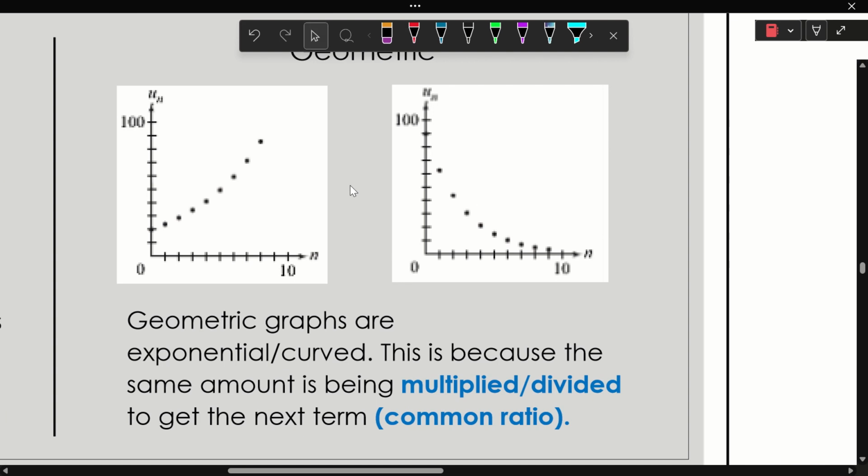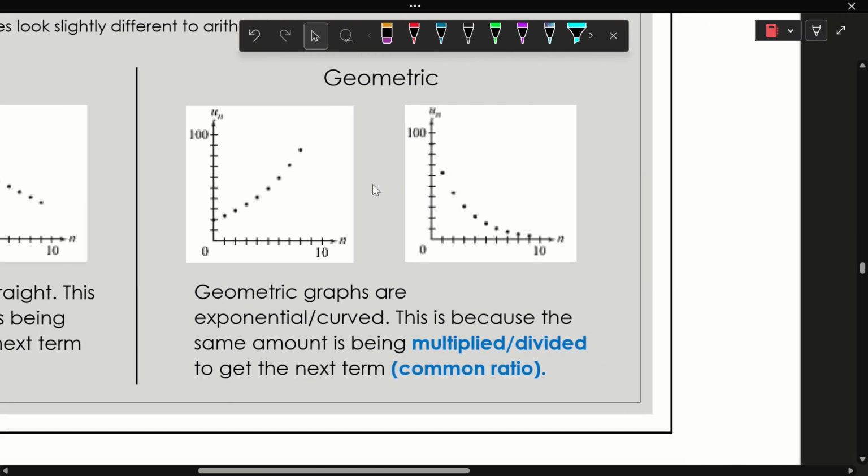It's curved. Why is it curving? Tell me why. The same amount is being multiplied. Yeah, it's multiplying by the same amount. Well, it's more so that you're adding a different amount each time. And so each time you go, it's adding this higher number of values. So that's why it curves upwards. If it was the same number of values each time, it'll be straight, but it's not.